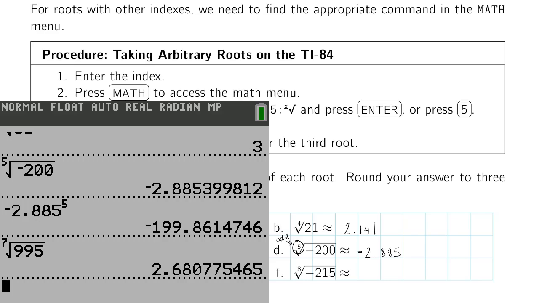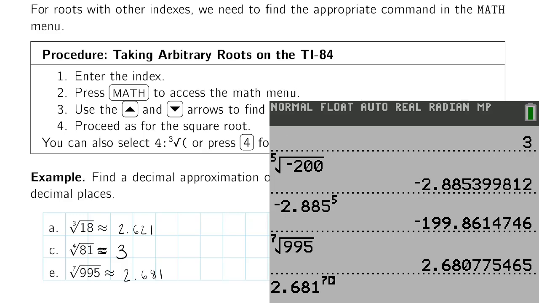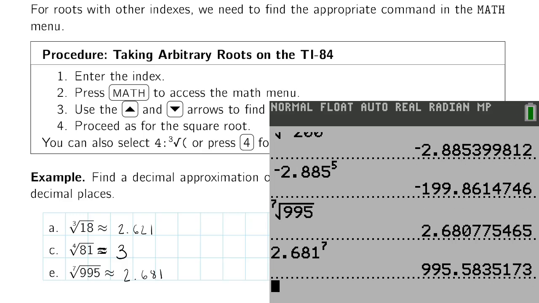It's just that, if we're taking like seventh powers, our numbers get very, very big very, very quickly. So the seventh root of 995 is, to 3 decimal places, 2.681. And again, 2.681 to the 7th power. Not exactly 995, but very close.